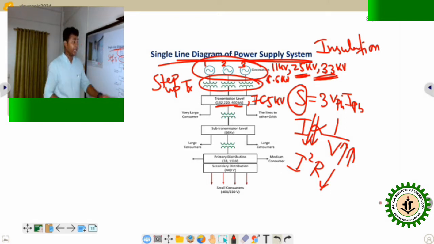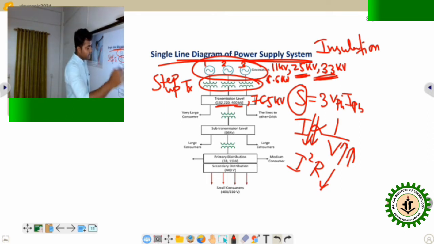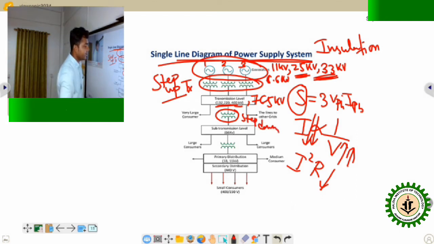After that, after some distance there is another transformer. The first transformer is step up, then all the later transformers are step down. This step down transformer steps down the voltage from 132 kV, 220 kV or 400 kV to 66 kV.